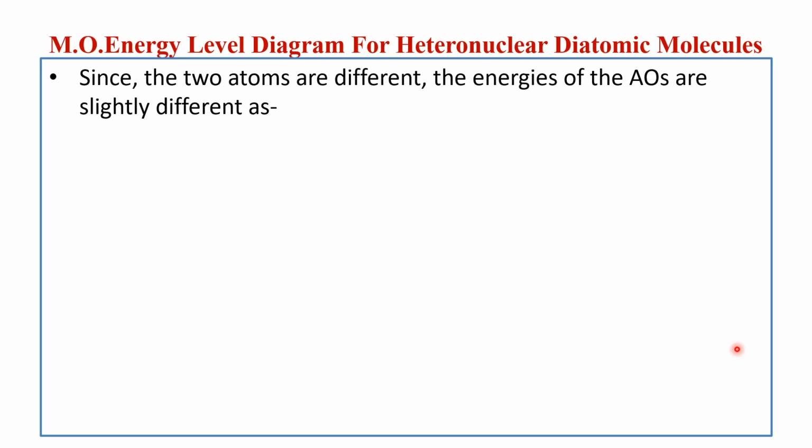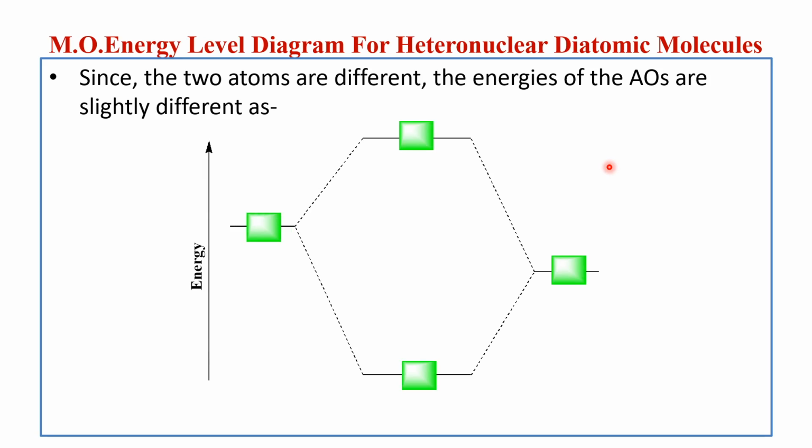We have two different atoms, so the energies of the atomic orbitals are also slightly different. So let's see the MO energy level diagram. This is the MO energy level diagram for the heteronuclear diatomic molecules. Now we can see the atomic orbitals on the sides: at one side the first atomic orbital, at another side the second atomic orbital, and at the center the molecular orbitals.